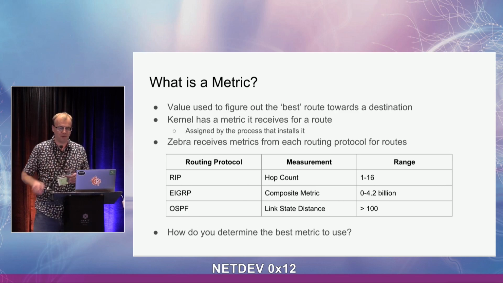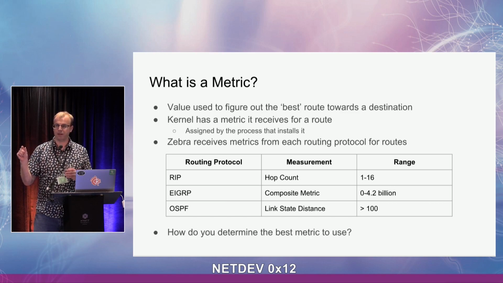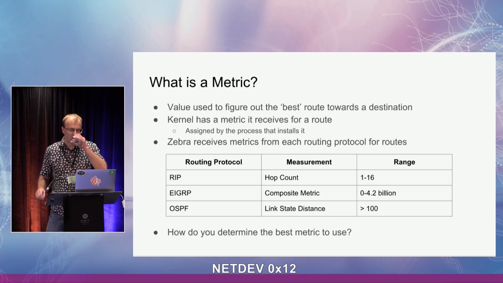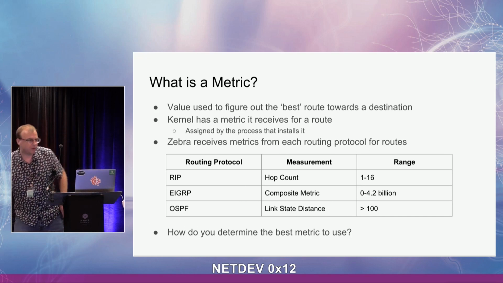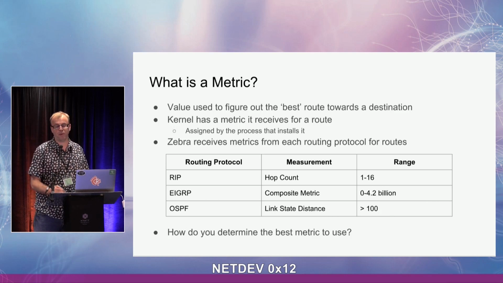So I'm sure you're all familiar with when you do an ip route show on the Linux kernel, one of the items that it gives you is a metric. And the Linux kernel uses that metric to decide how to route packets based upon the metric, the best metric.